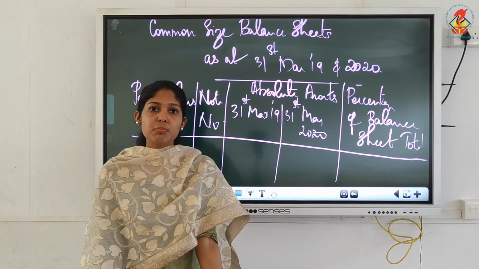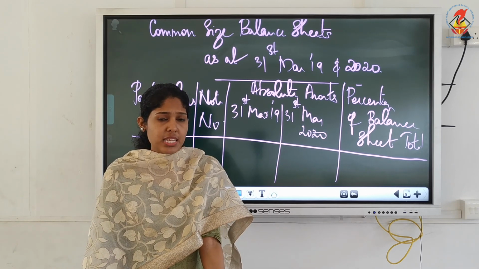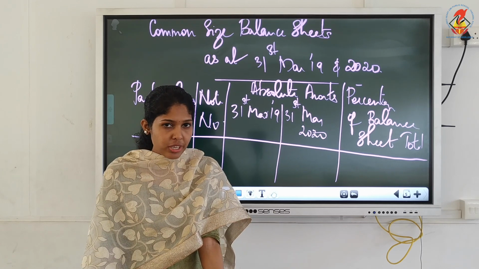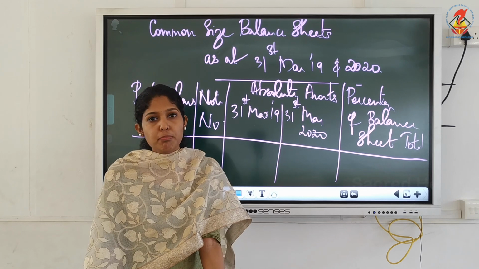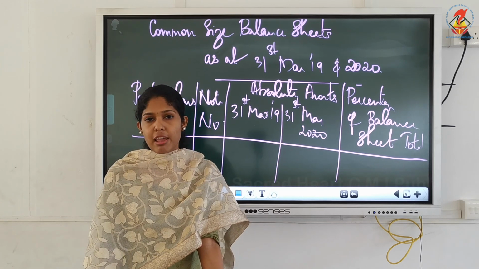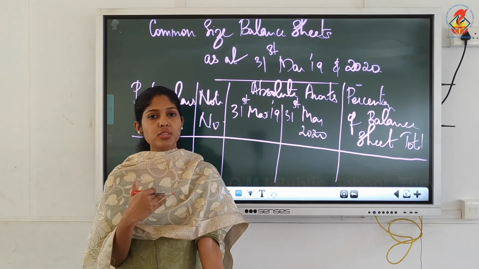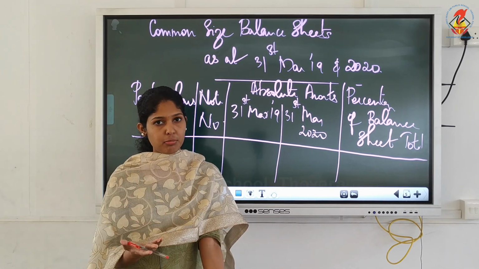So now what is the meaning of common size statements? Common size statements means we are converting each year's figure into percentage by taking a common base. For P&L the common base will be revenue from operations. For balance sheet the common base will be either total of assets or total of liabilities.